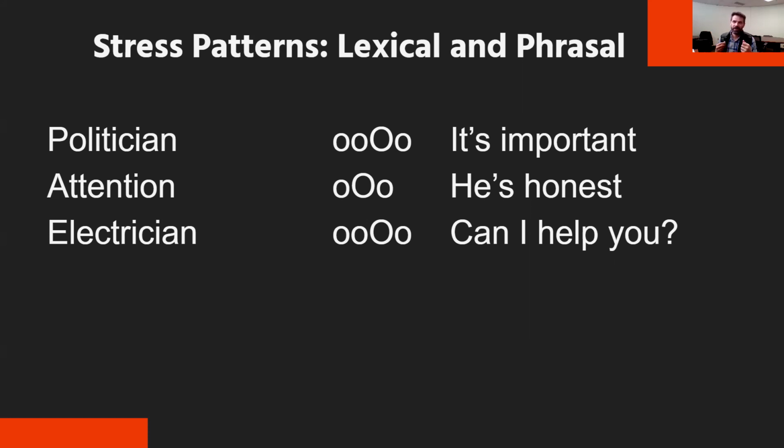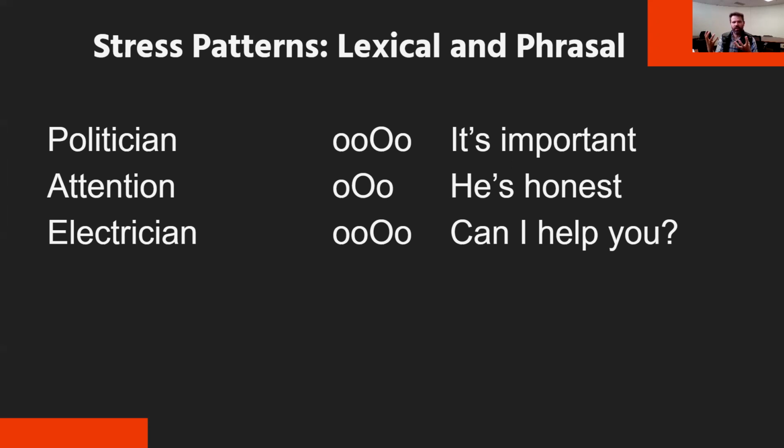Now, these words have some similar endings on them, but we can see based on the little o's and the big O's that politician has three syllables that are unstressed, and one syllable, the big one, that's stressed. And that stressed syllable is the penultimate, or the second to last syllable, politician. And so it's the t that gets the stress.